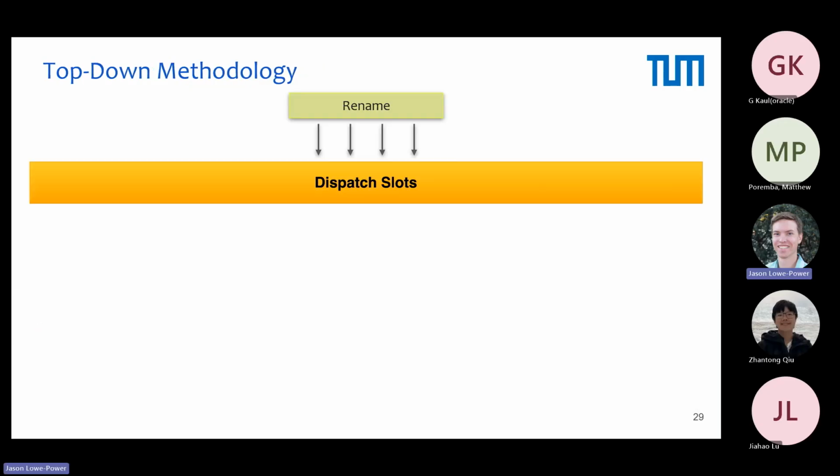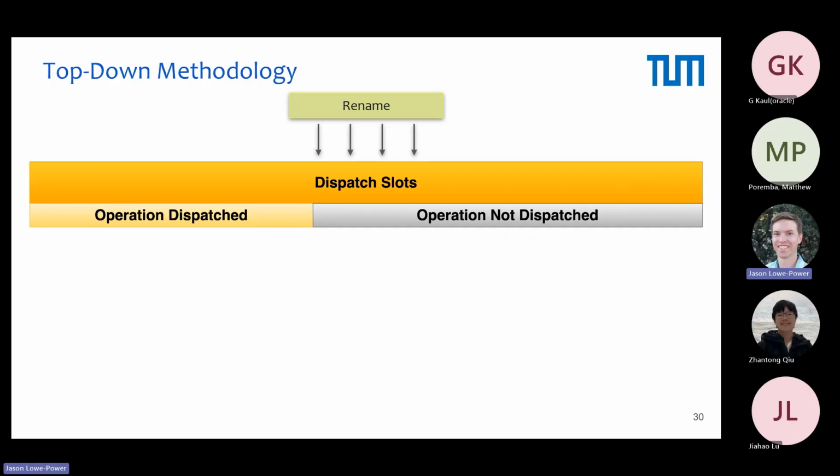So let me walk you through the top-down methodology. We start after renaming, at the dispatch stage, where the instructions will be sent to the back-end. We start with each dispatch slot, and each slot can fall into one of the categories. In a dispatch slot, either an operation can be dispatched or it might be unutilized, meaning no operation was dispatched.